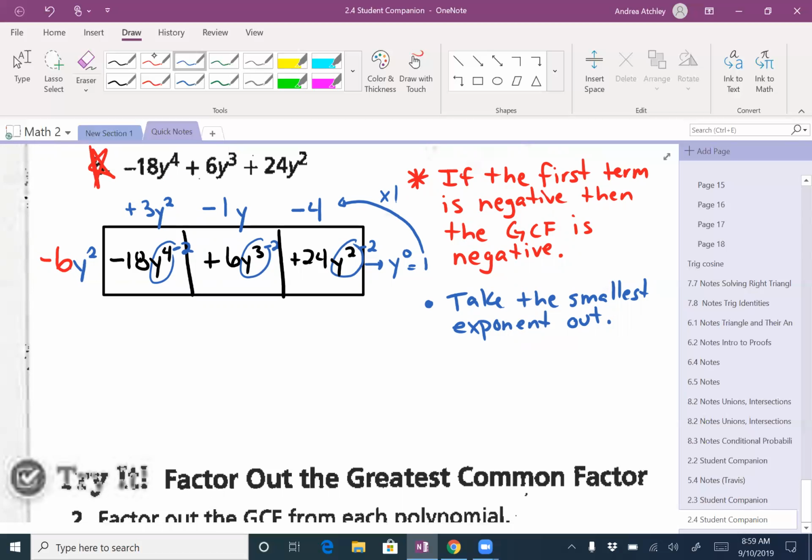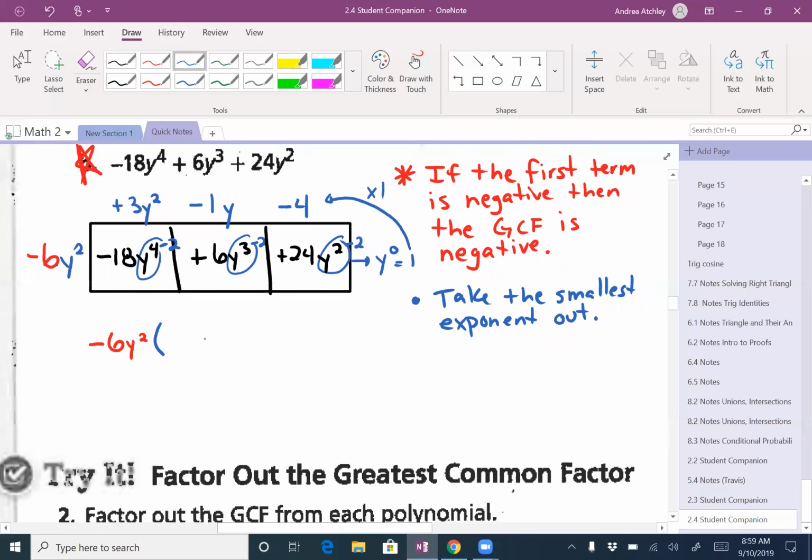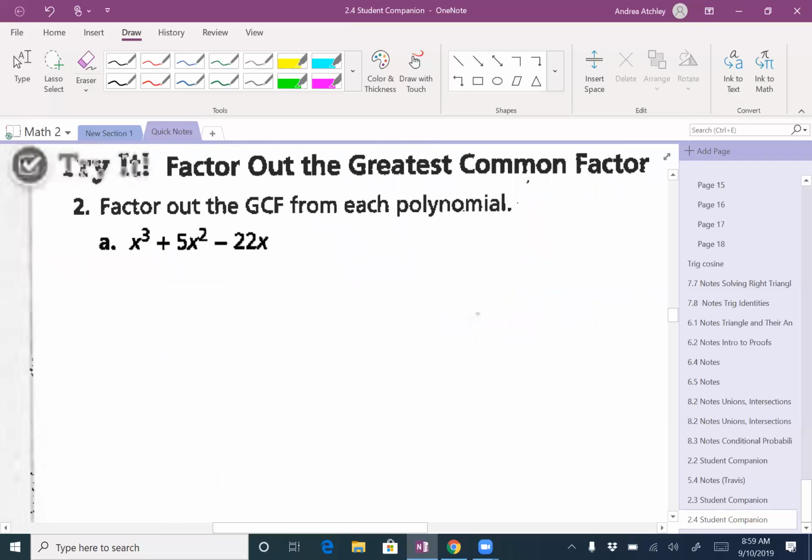So again, my factors are negative 6y squared, which is the GCF. The leftovers are the 3y squared minus 1y minus 4. Any questions over that? We're good? Okay, next one. Same idea.